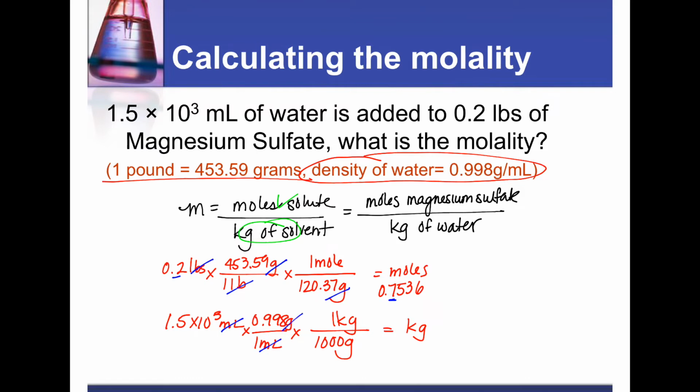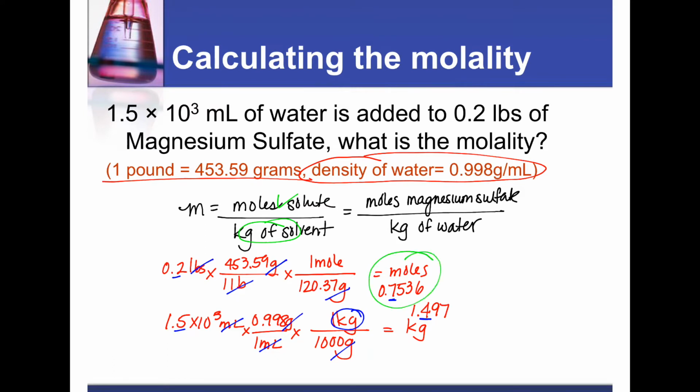So units cancel out. I get kilograms. And the number that I got was 1.497 kilograms. Now it had 2 sig figs, so I'm going to underline to 2 sig figs there.